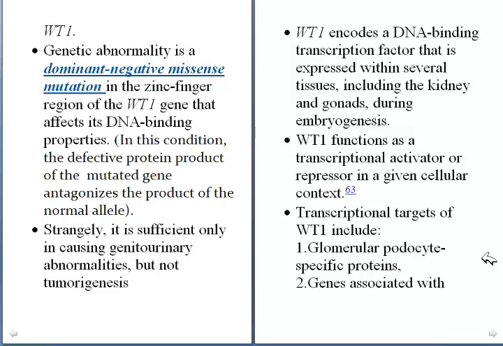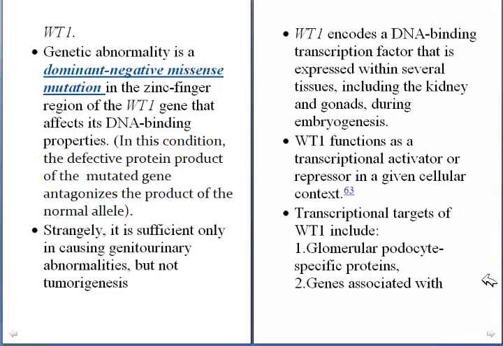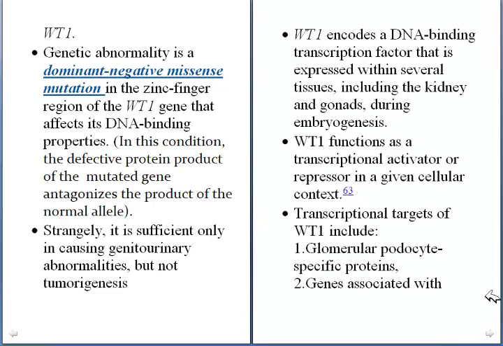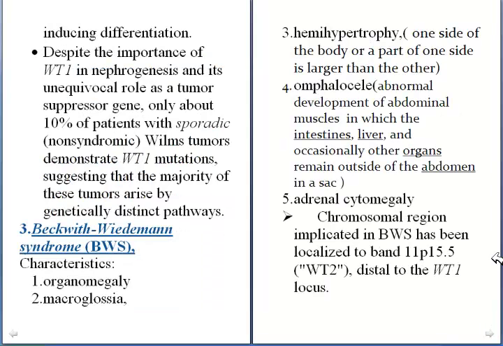And if it is actually a transcriptional activator, then obviously it must target some particular proteins. So the transcriptional targets of WT1 include glomerular podocyte specific proteins and the genes that are associated with inducing differentiation.